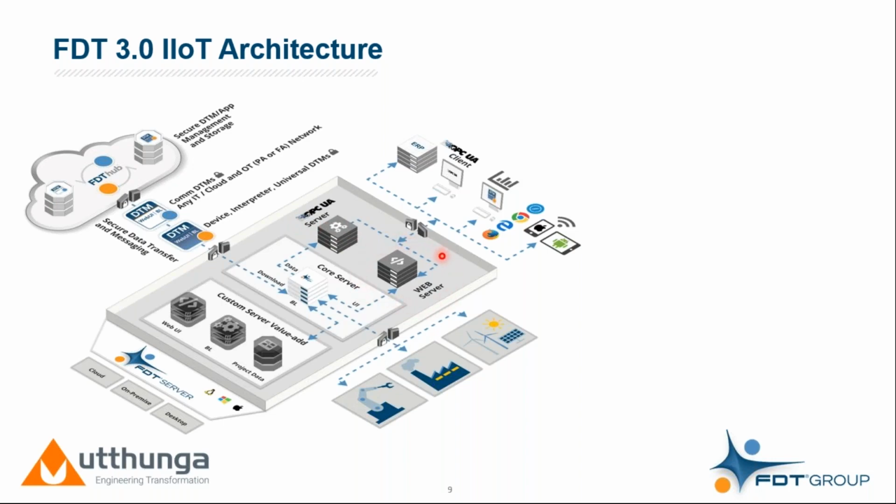There's a web server here that takes care of all of the browser-based activities that users can have either on a local basis or working remotely from their facility. Certainly in today's COVID environment, that's a hot topic and a very nice feature to have.